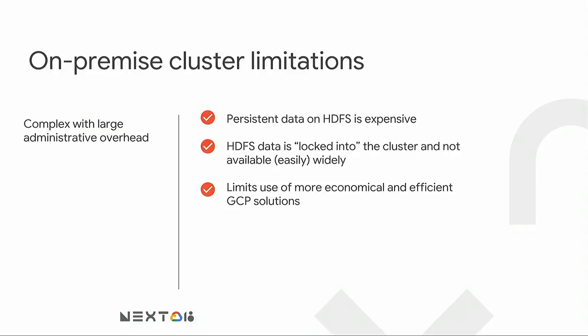Second, HDFS, because of its replication factor, 2, 3, 4, I don't know what you guys are running with, is expensive. Third, if you are not using Google Cloud Platform, you have an opportunity cost. What is that opportunity cost? You cannot use other services that can help unlock the value inside your clusters. Make sense? Let's look at some solutions now.